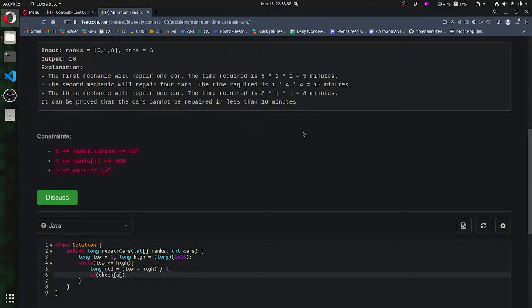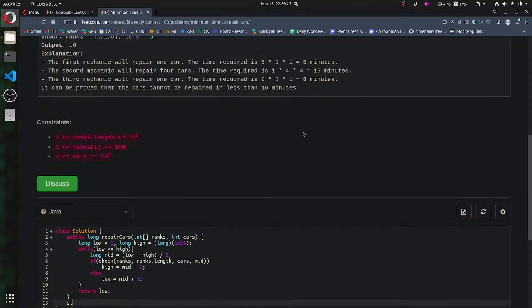If check if it is possible to make ranks, cars, mid, then high equal to mid minus 1, else low equal to mid plus 1, and we will return low. And say static boolean check, int a, int cars, and long mid.